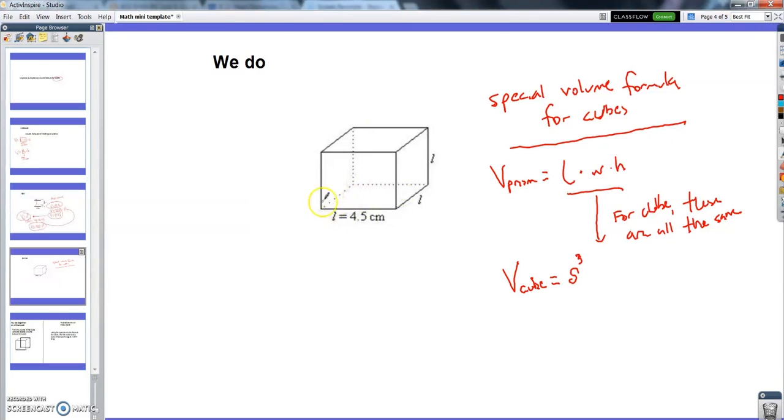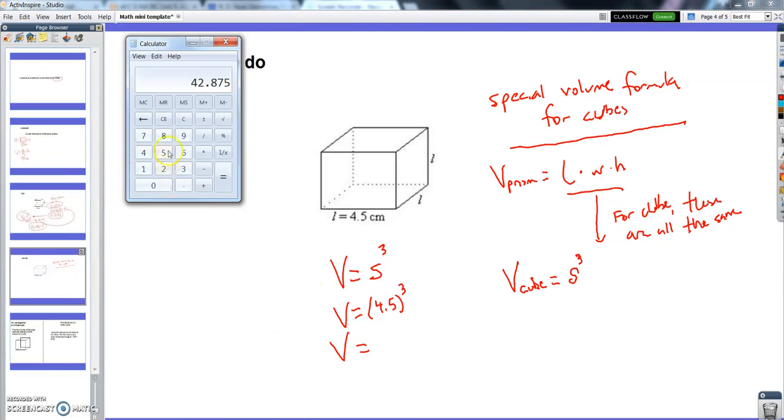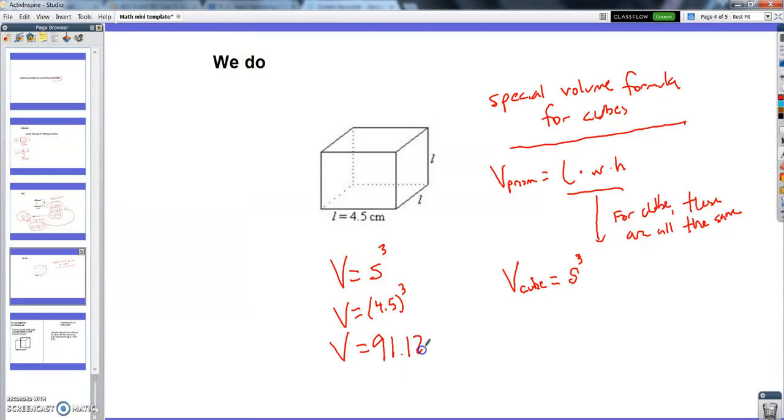So if I want to use the formula to find the volume of this cube, I'm just going to say volume is side to the third power, which is 4.5 to the third power, which is 4.5 times 4.5 times 4.5 would be 91 and 125 thousandths of a square centimeter.